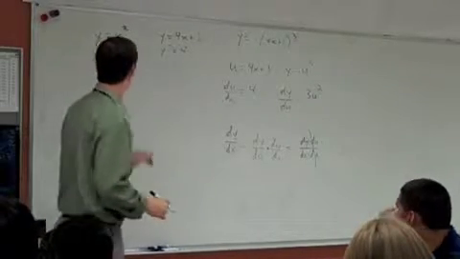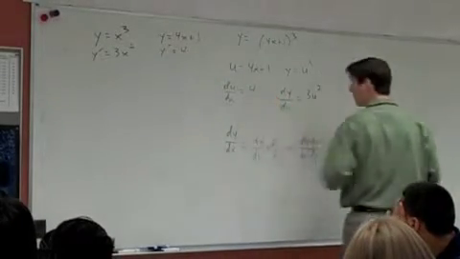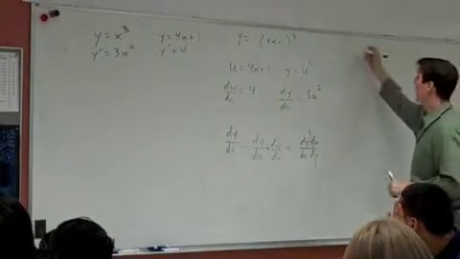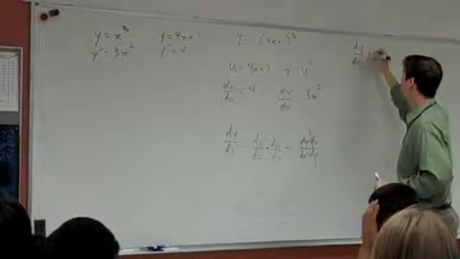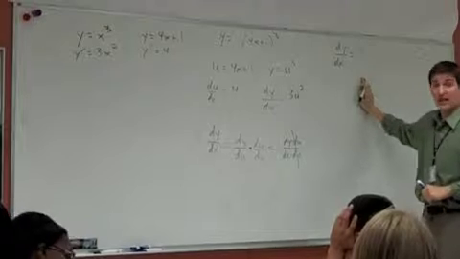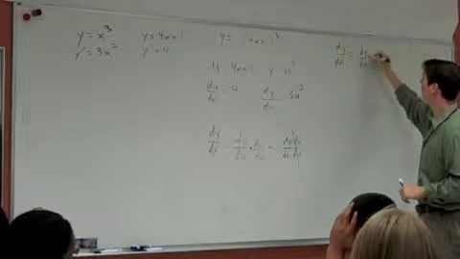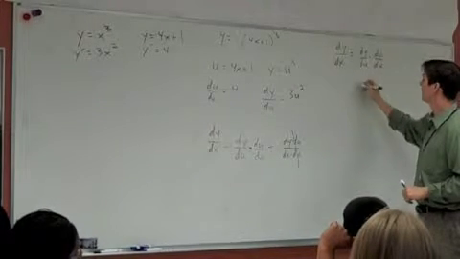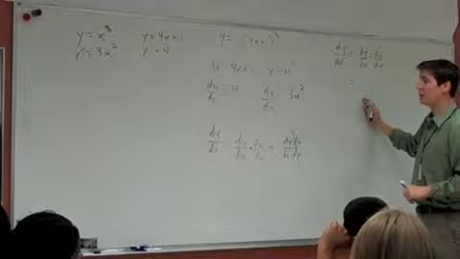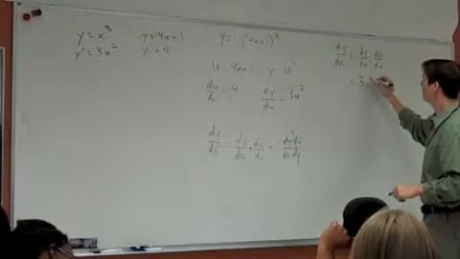So let's try this one here. If I wanted dy dx, it would be the same in this case as dy du times du dx. Well, in that case, dy du is equal to 3u squared.